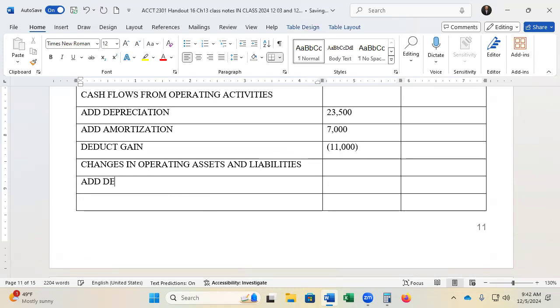We're going to add a decrease in accounts receivable. That was 7,000. We're going to deduct an increase in inventory. That was 7,300.